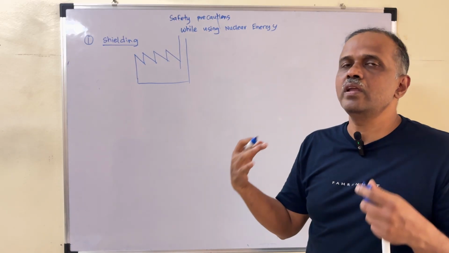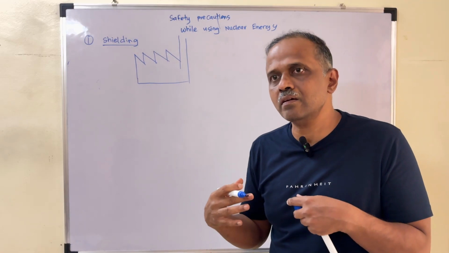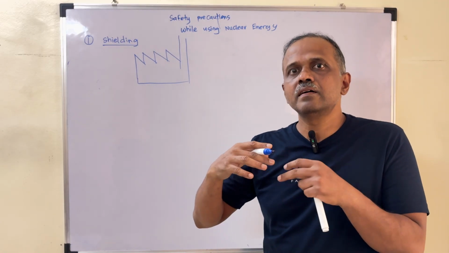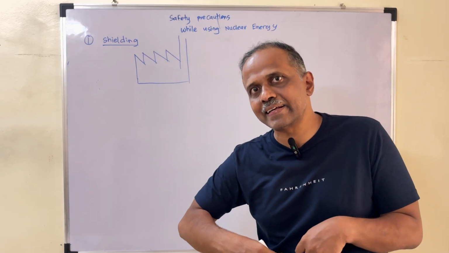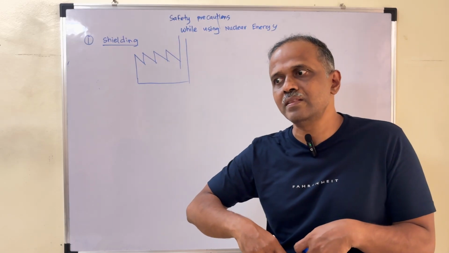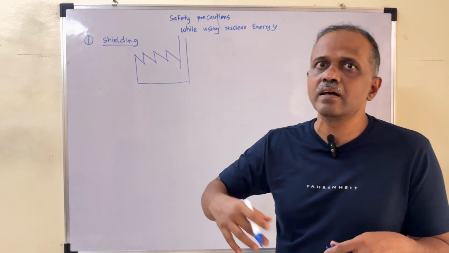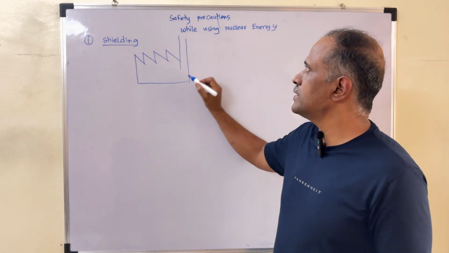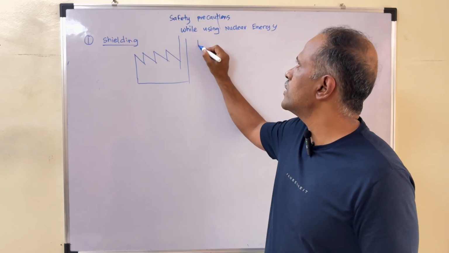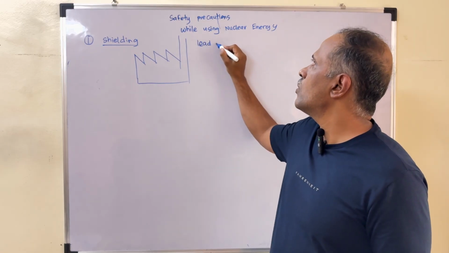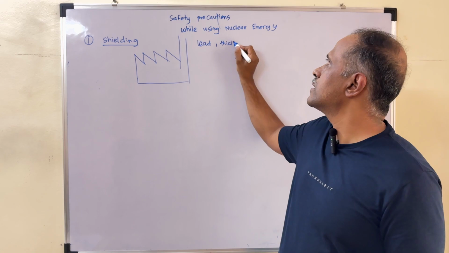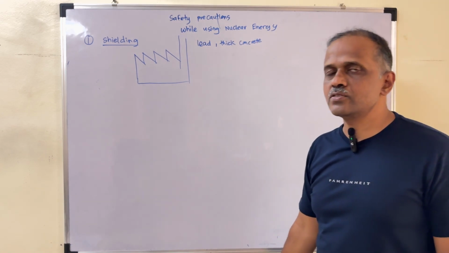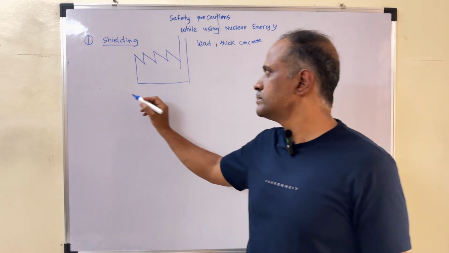But the nuclear explosion was so immense, so disastrous, that the iron lid was literally shattered into pieces, and all the nuclear radiation came out. So the shielding is to be done by using lead or thick concrete. So this is the main thing.